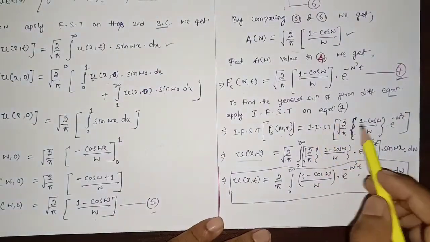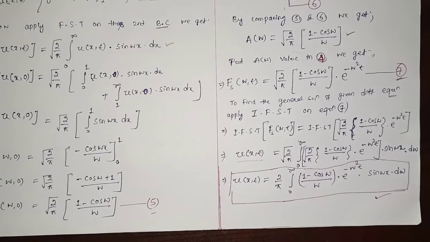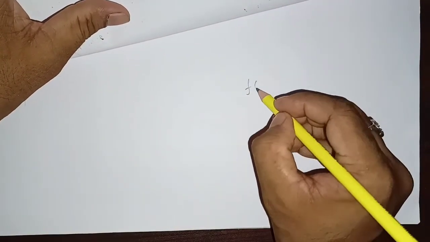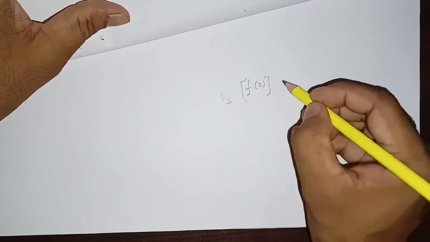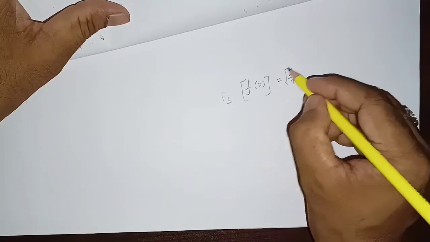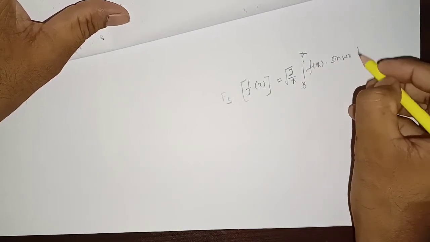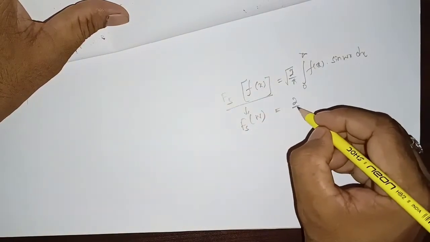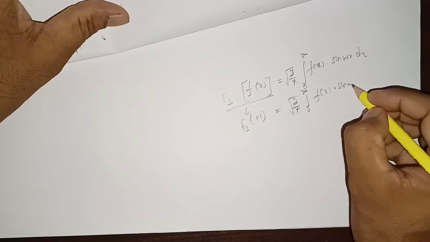Just recall that whenever we have a function f(x), if I apply the Fourier sine transform on this, it will be written as Fs(omega) equal to root over 2 by pi, integral from 0 to infinity of f(x) sine omega x dx.